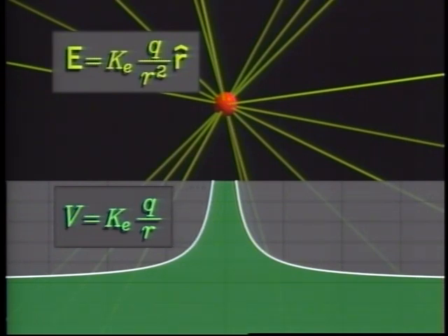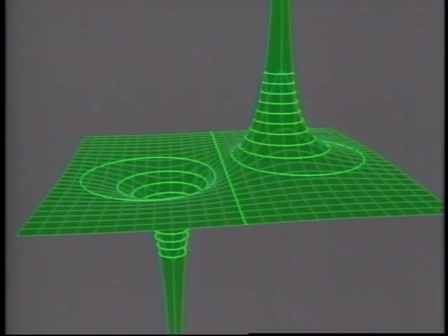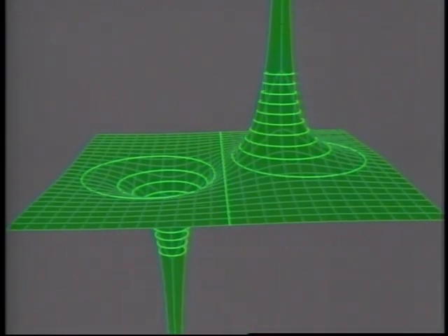For a single point charge, the direction of the field is pretty obvious. But what about more complicated situations? What does the electric field for this potential look like?